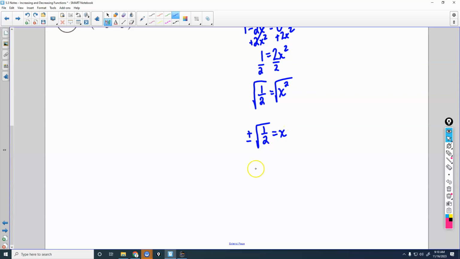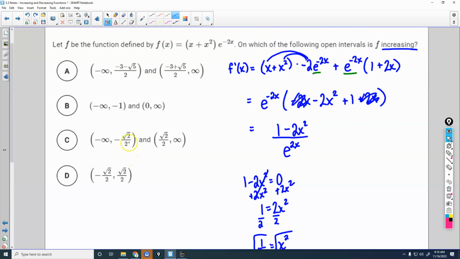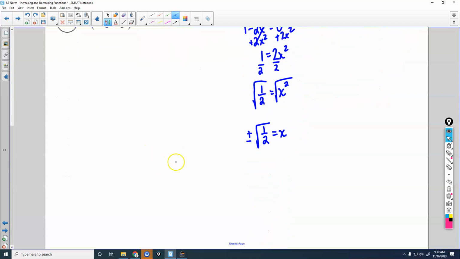If it was free response, I would definitely leave it like that. But do you see a square root of 1/2 anywhere over here? No. But what do you see that looks kind of like square root of 1/2? Square root of 2 over 2. So let's simplify this so that we can see if it matches. Square root of 1 is 1. Square root of 2 has to stay underneath the square root.